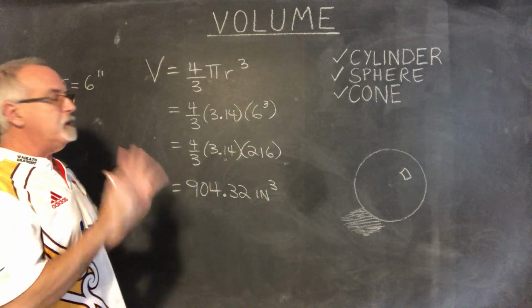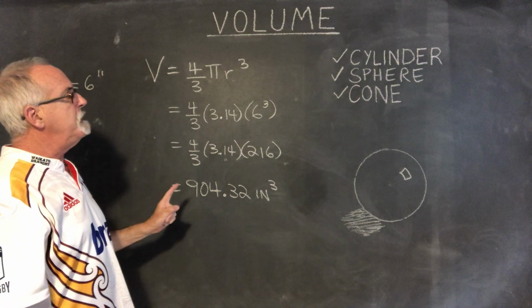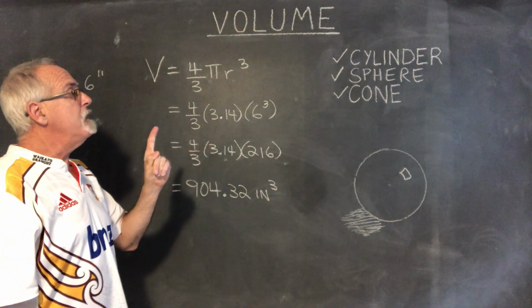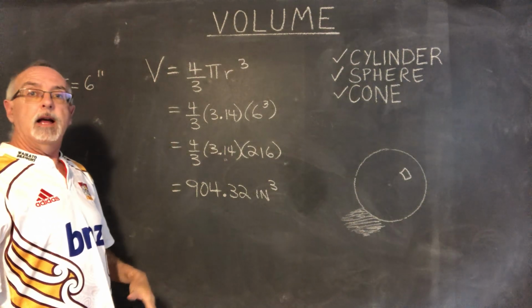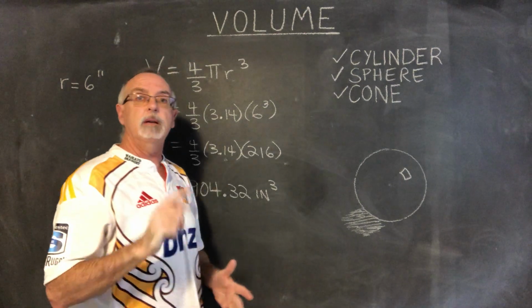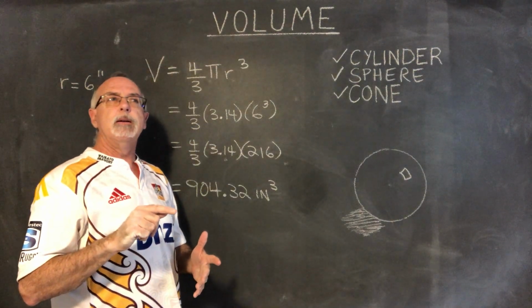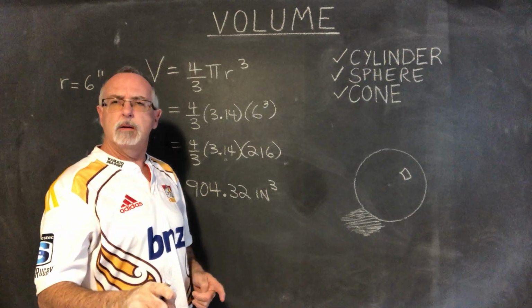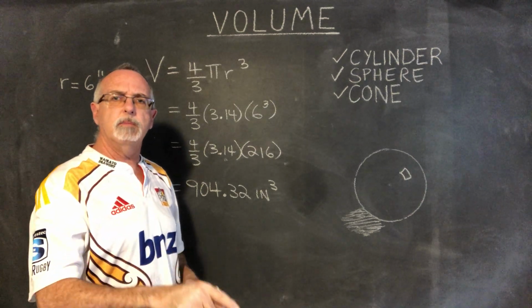So what I want to do instead is do one cylinder, and then the volume of a cylinder, and then do a cone with the same height, but not the same radius.